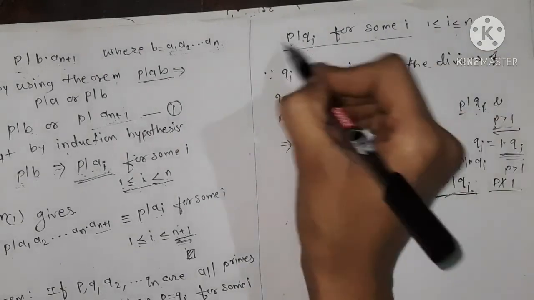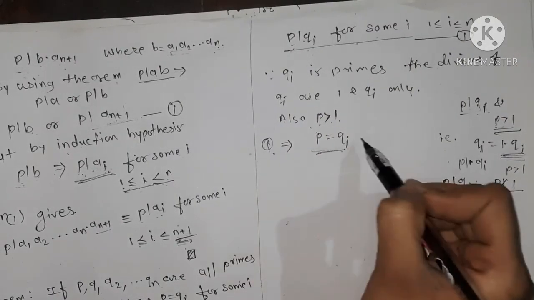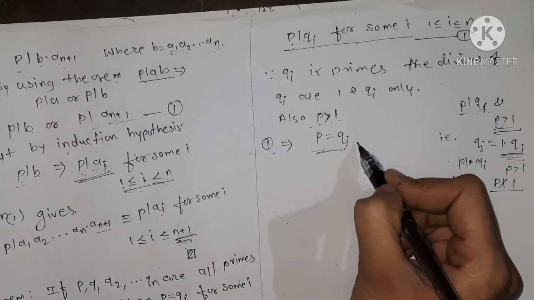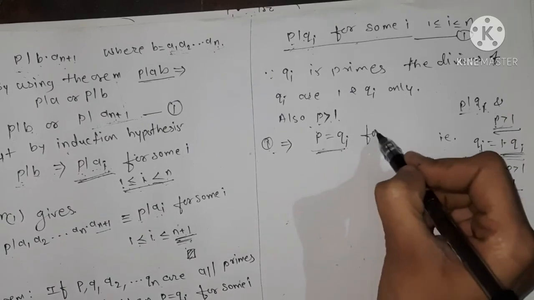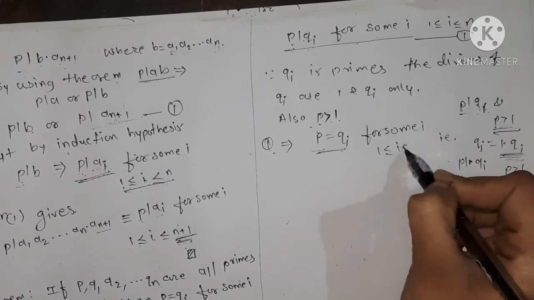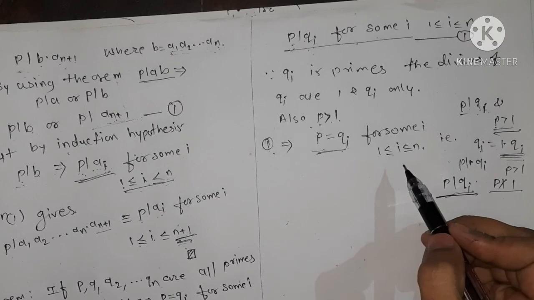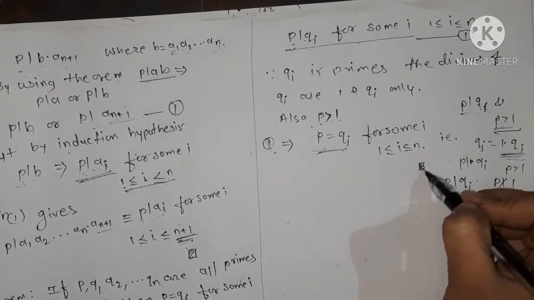So if we give this as equation number 1, this condition 1 implies p equals qi for some i, where 1 is less than or equal to i, which is less than or equal to n. Therefore, this completes our proof here.